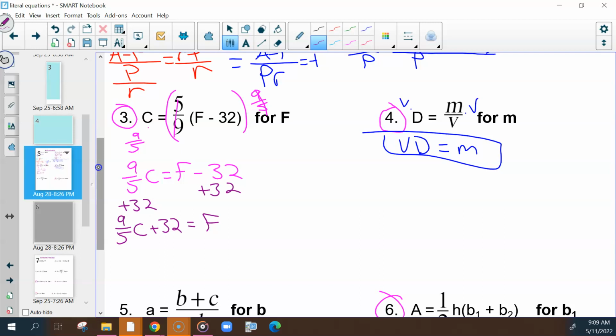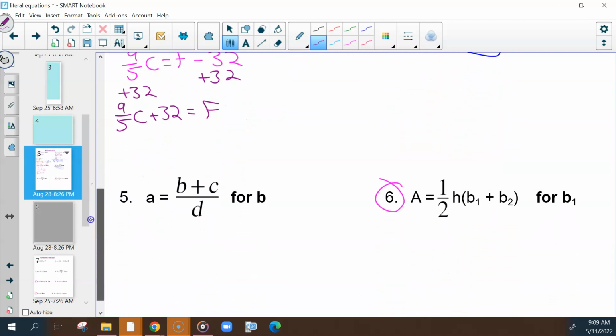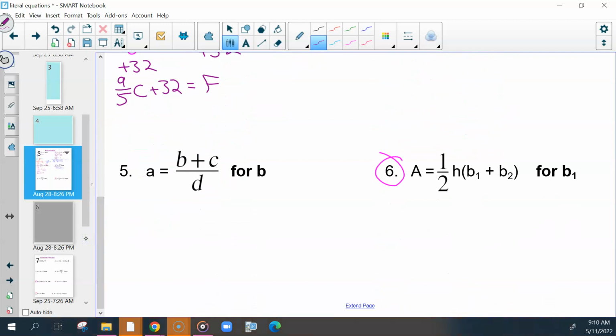We're multiplying the entire side, but really we're just multiplying it to this. Because if we multiply it to 32, we'd basically be distributing, and that's not what we're doing. So really we're just multiplying it to this, but we have to do it to the other side. Yes.